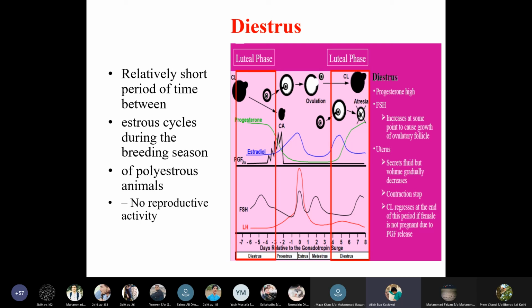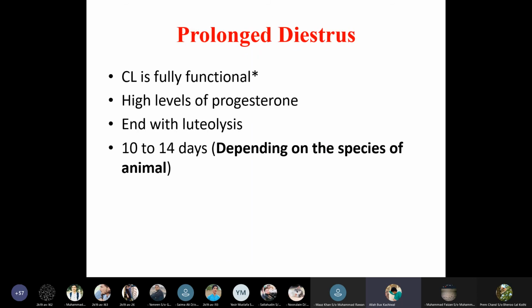So in the diestrus, if the animal is not pregnant, then the proestrus will start. A prolonged diestrus may develop due to a fully functional corpus luteum, or high levels of progesterone produced. If the animal is pregnant and the corpus luteum is fully functional, then the diestrus will be prolonged.